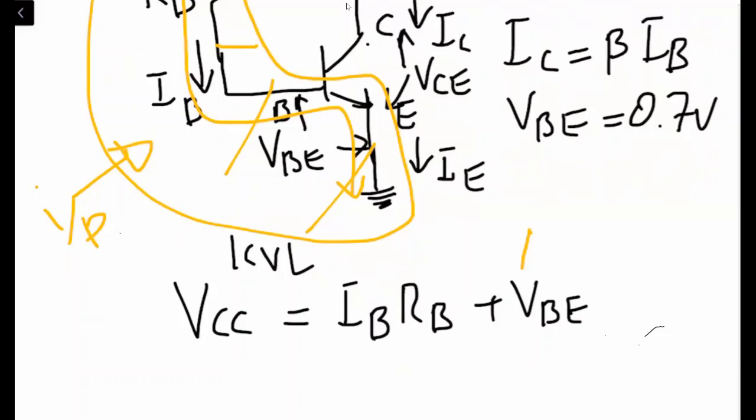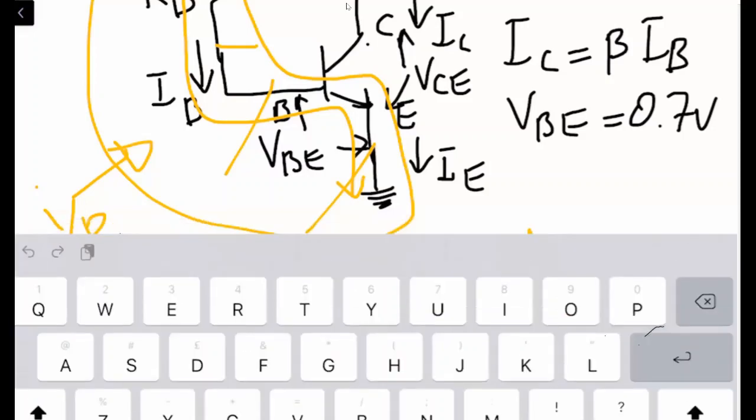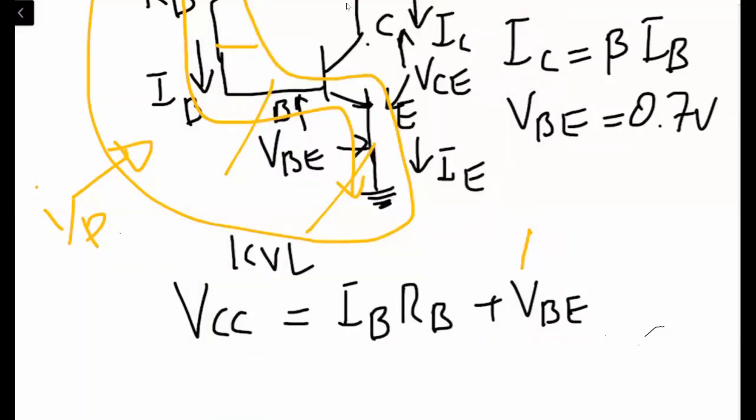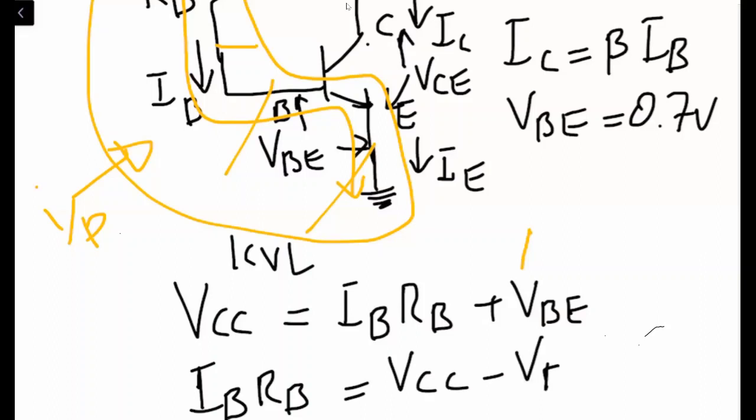Yes, sir. And if we just manipulate this, what we can get is IB RB is equal to VCC minus VBE, right?